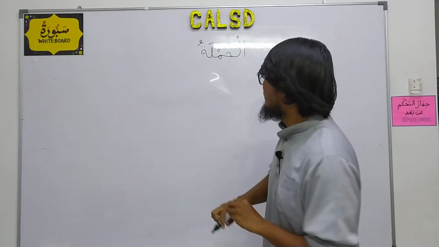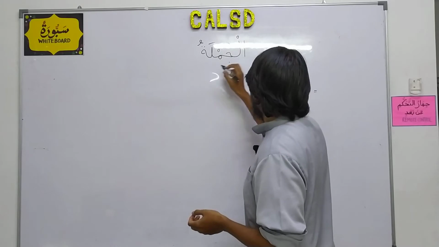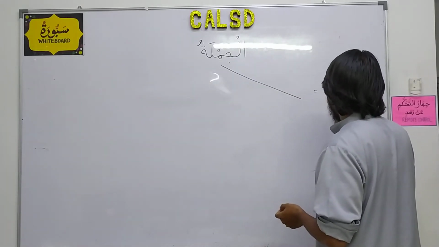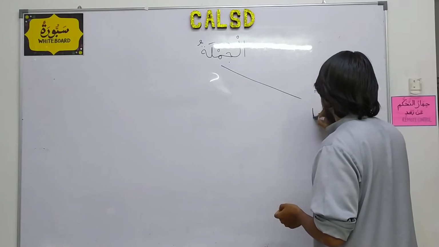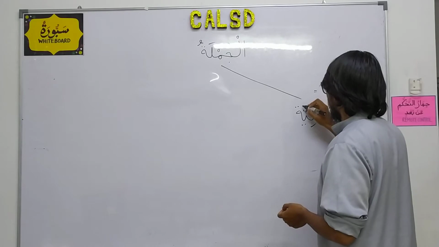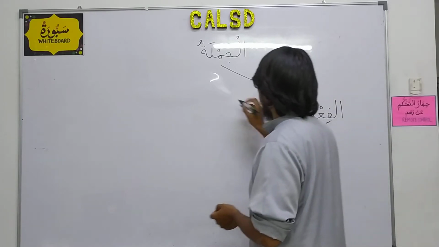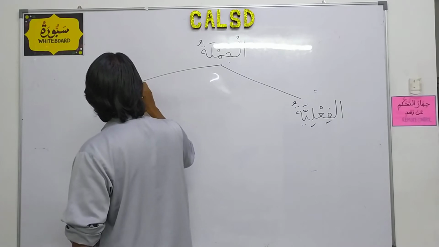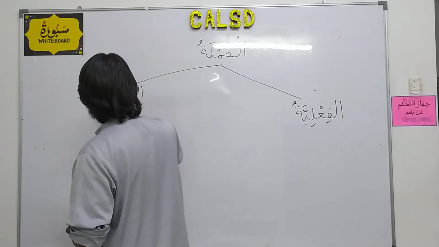So al-jumlatu, there are two, which are al-jumlatu al-fi'liyatu and al-jumlatu al-ismiyatu.